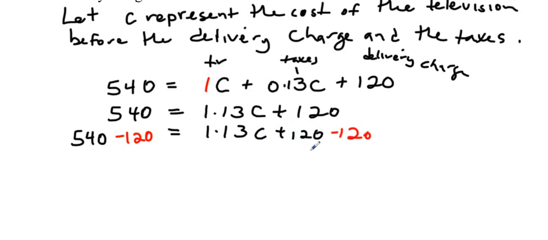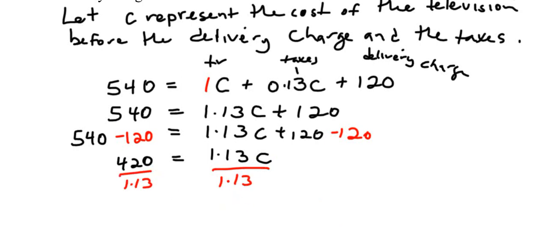Okay, so I'm subtracting, that's going to give me 420 over here, 1.13C over here. And then to get C by itself, I'm going to divide both sides through by 1.13, and I'm going to end up with C equal to 420 divided by 1.13.